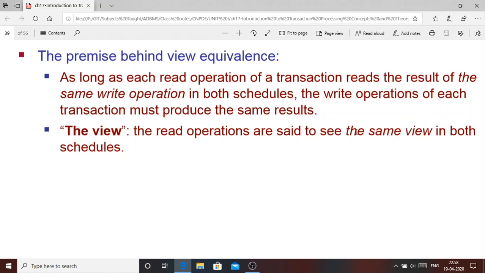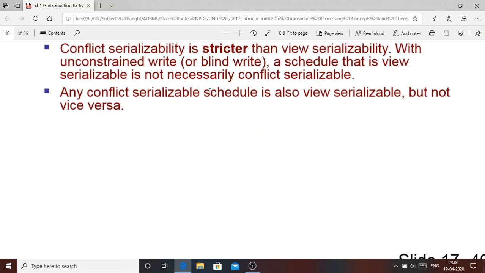The main premise is that the transaction which is reading the write operation performed by another transaction is said to have the same view. That is where the name view equivalence comes from. So in both the schedules, the transaction which is reading is getting the same view of the results performed by the write operation of another transaction. Conflict serializability is stricter than view serializability.